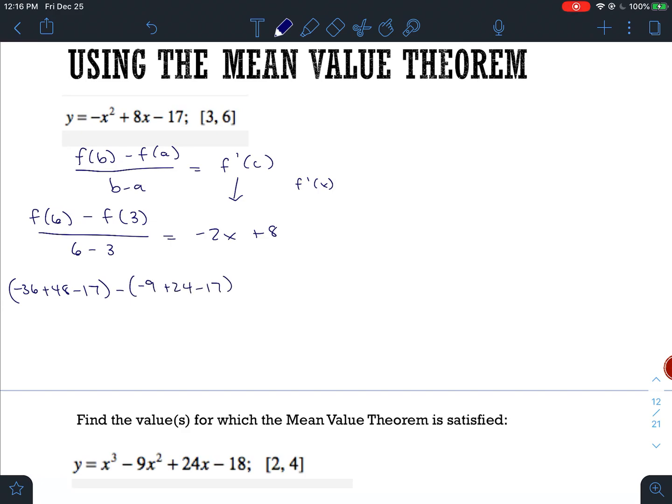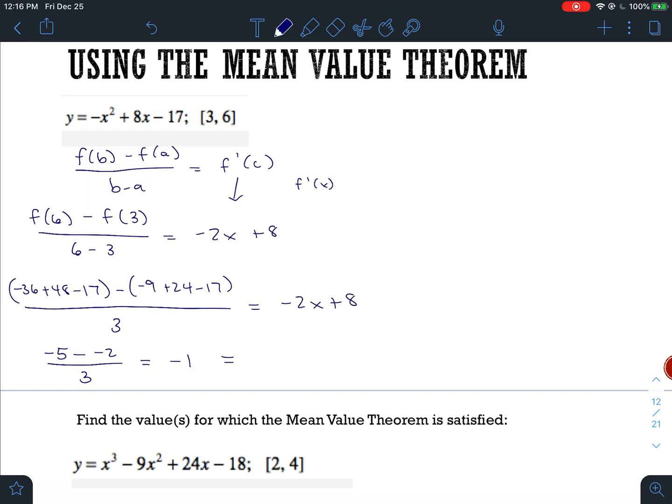Then minus f of 3, which is negative 9 plus 24 minus 17. And then all over 6 minus 3, which is 3. So we're going to get negative 5 minus negative 2, and then all over 3. So that's going to be negative 1.